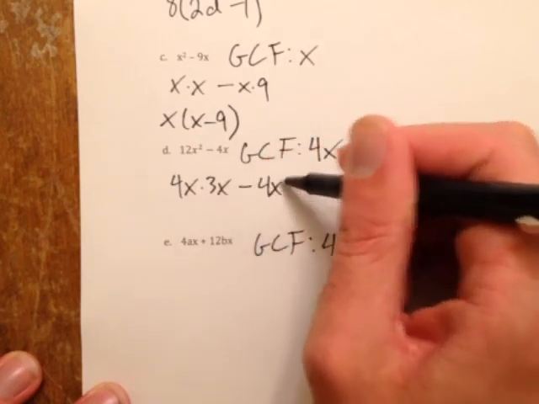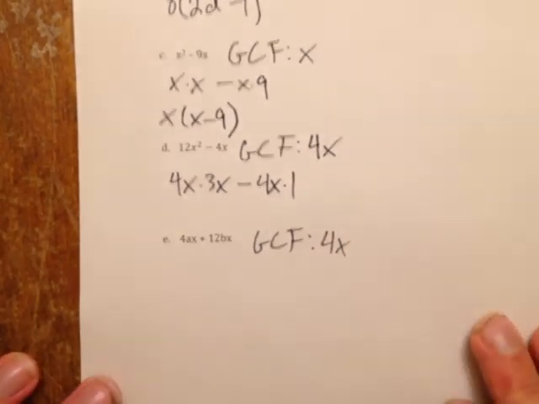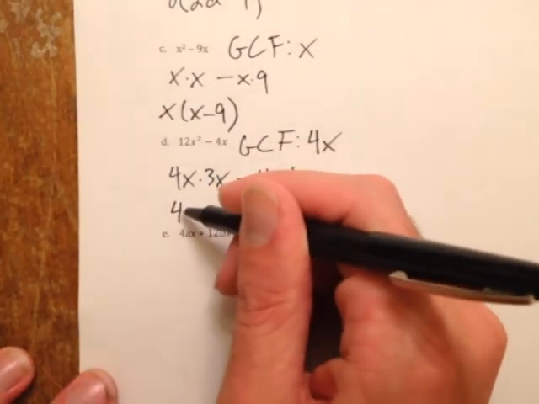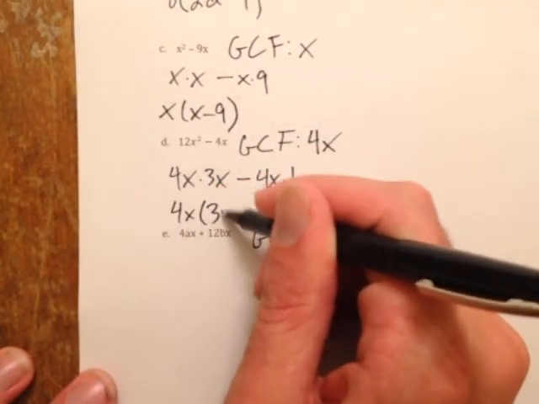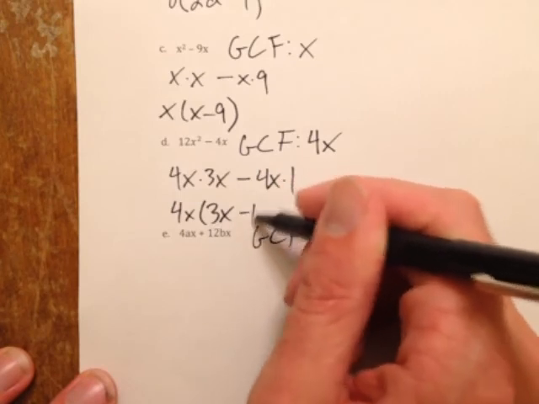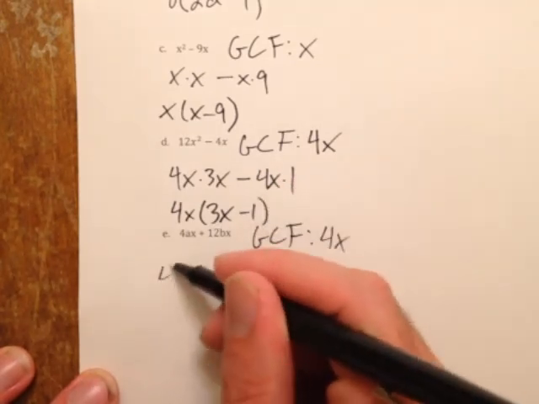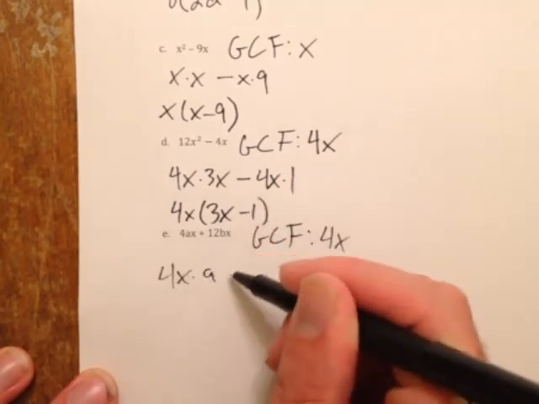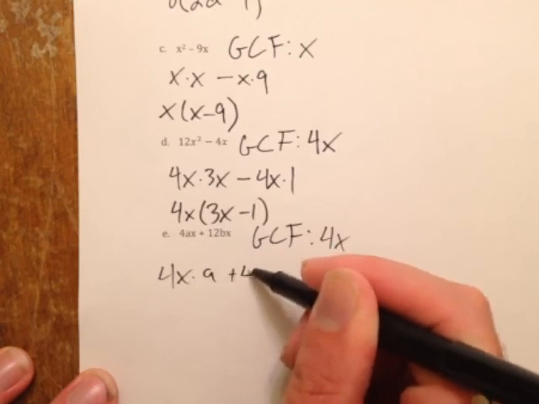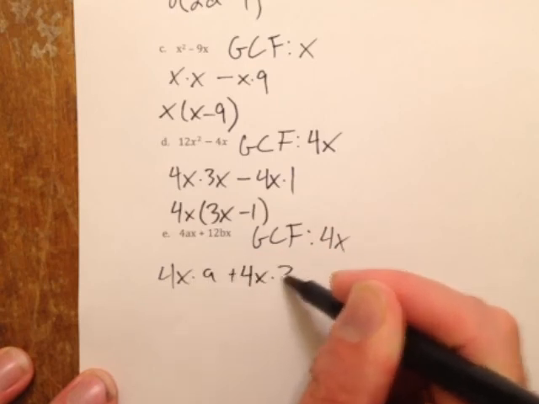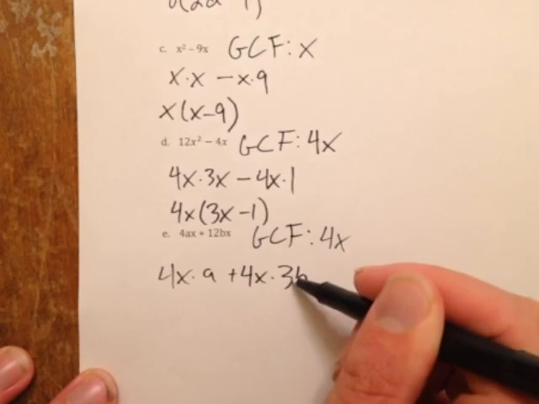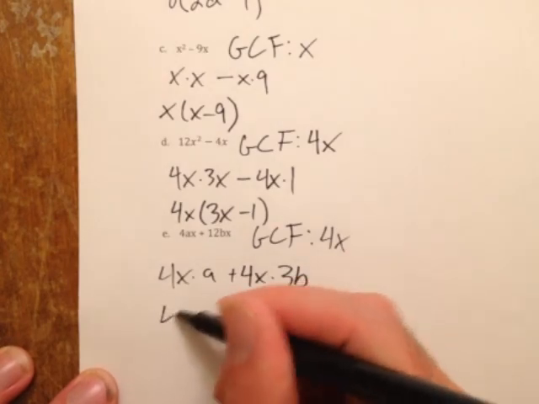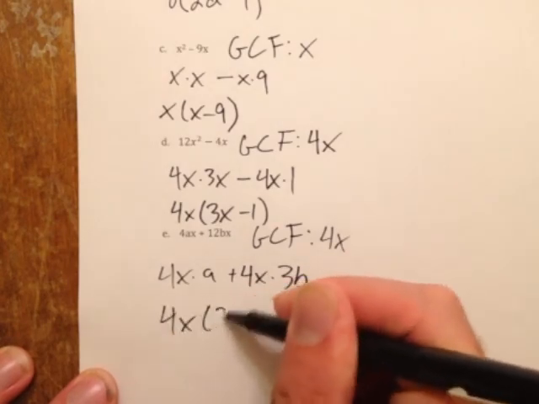And again, very key that I put that 1 there, 4x times 1. Factor out the GCF, distributive property in reverse, and we're looking good. Same thing for the last one, it's 4x times a, and 4x times 3b, 4 times 3 being 12, distributive property in reverse.